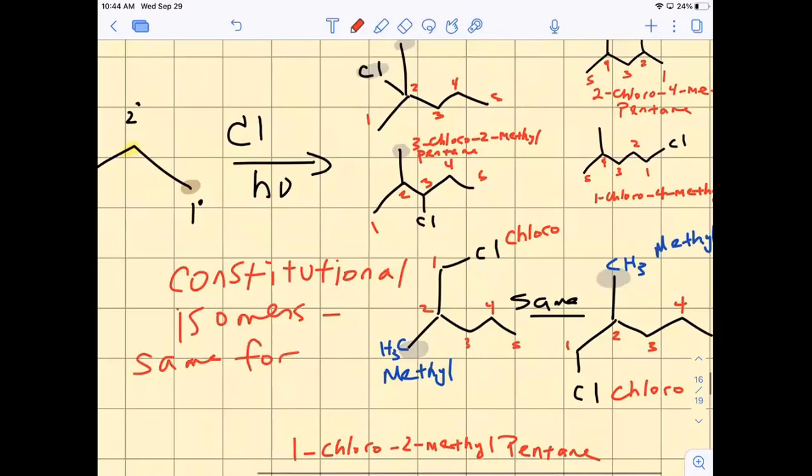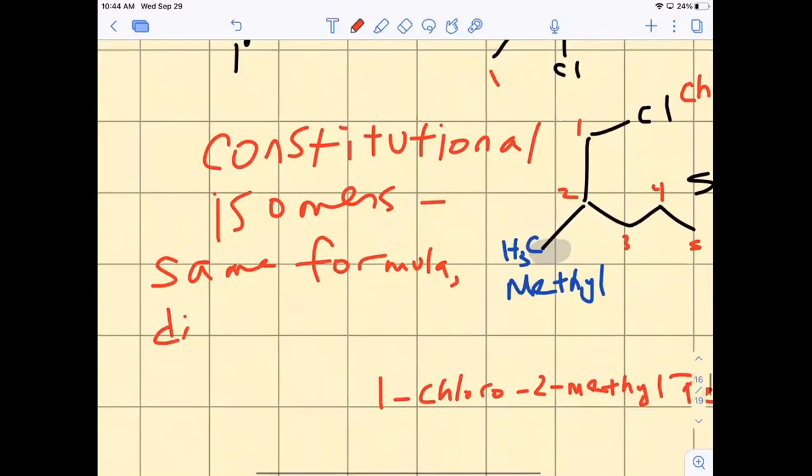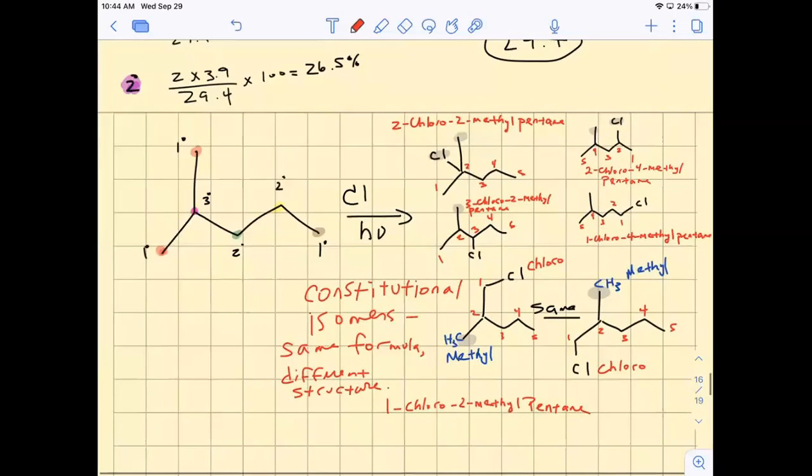They have the same molecular formula, but they have a different structure. Right, same formula, different structure. All of them are what we call constitutional isomers.